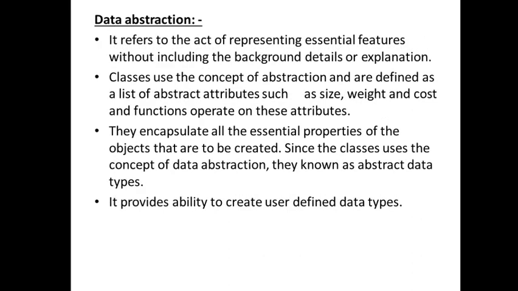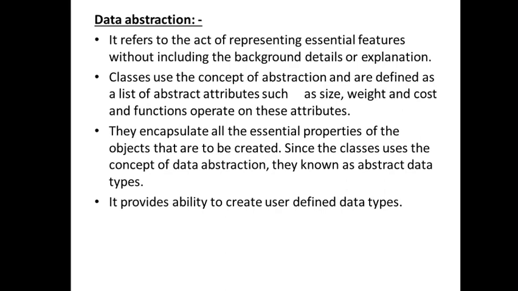The next feature is data abstraction. Now what is data abstraction? It refers to the act of representing essential features without including the background details or explanation. Here I will take a very simple example, by which you can easily understand data abstraction.